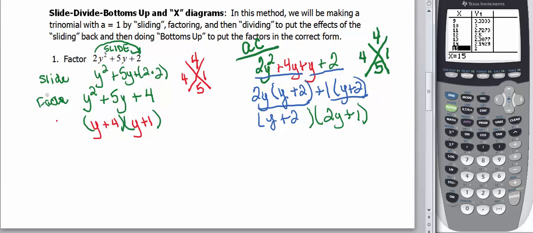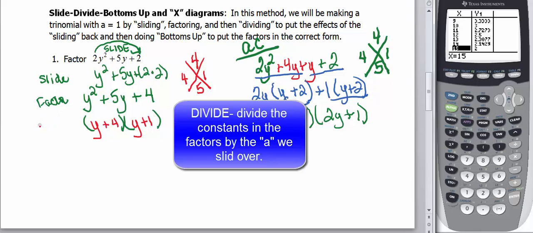We have to now get ready to divide. And I'm going to do that even in a different color so that we can see what happens here. We're going to divide, and what we divide is by the coefficient. So we take this constant that we had multiplied by 2, and now we're going to divide it. We're going to take it back to the form that we had.